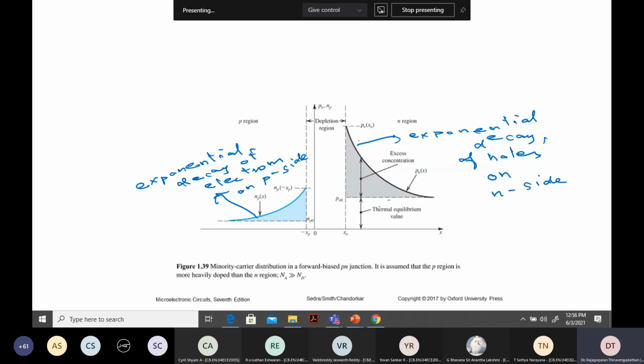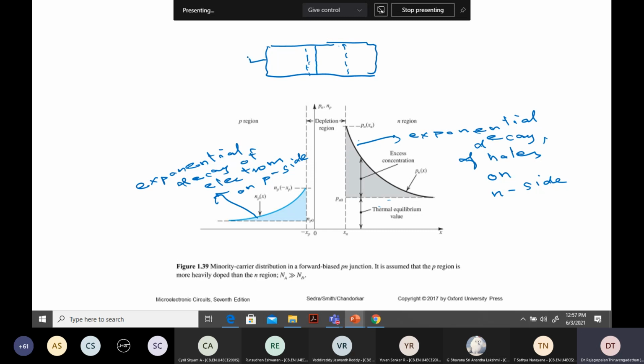Here it is an exponential decay of the electrons on the P side, but what will happen is a steady state. If you have this as the PN junction, I am trying to draw to scale, and this is my depletion region.